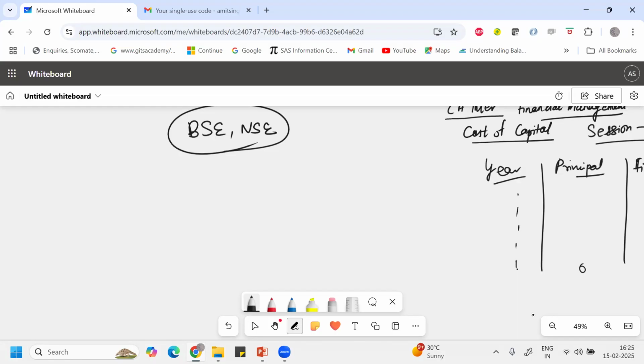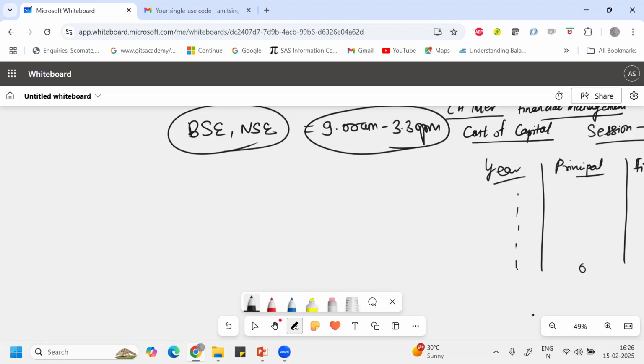They are the platforms which give us the facility to trade equities or shares. Our market works from 9 o'clock in the morning to 3:30 p.m. During this time, you can come and buy any company's shares.